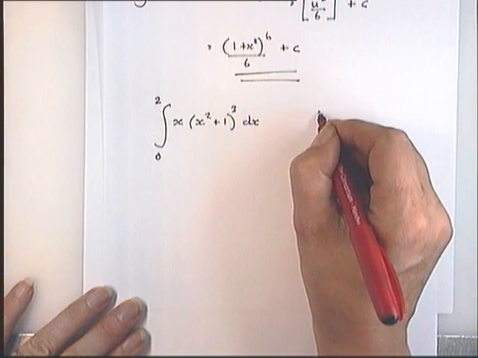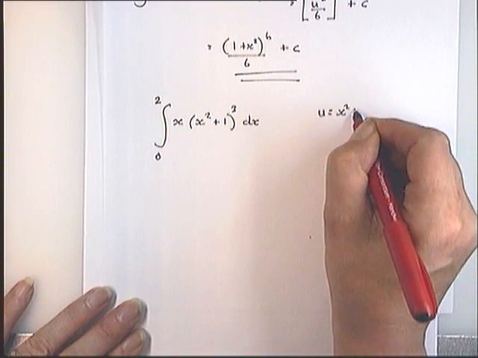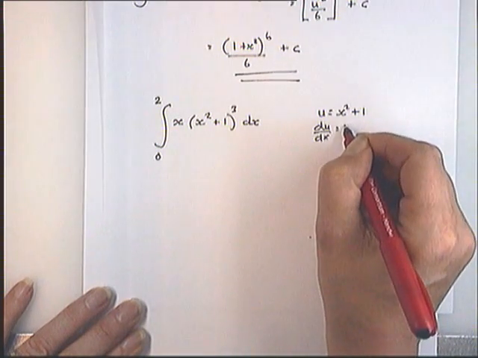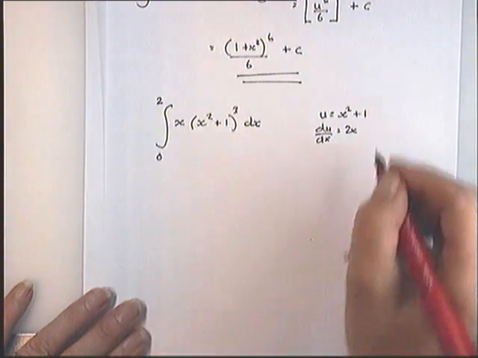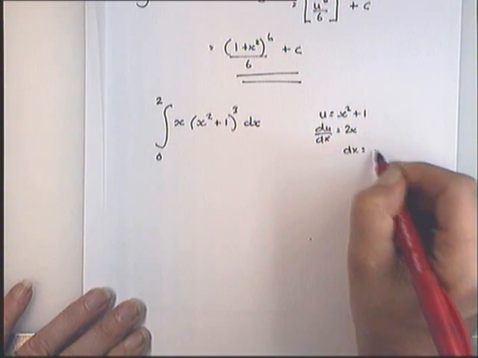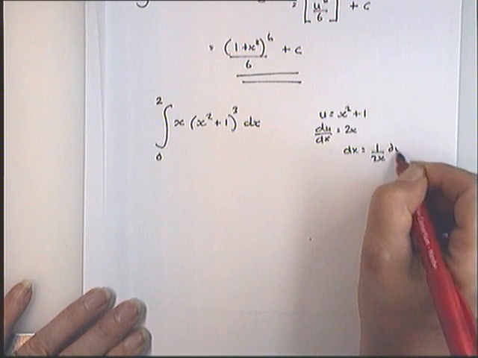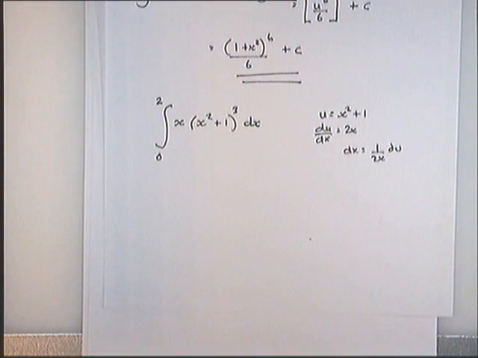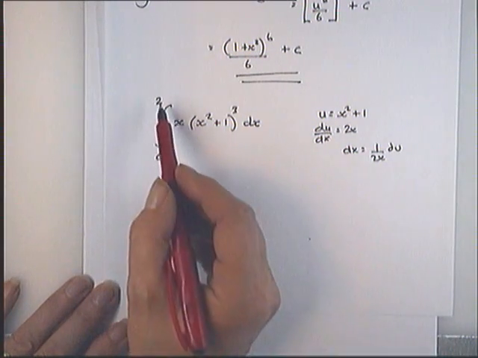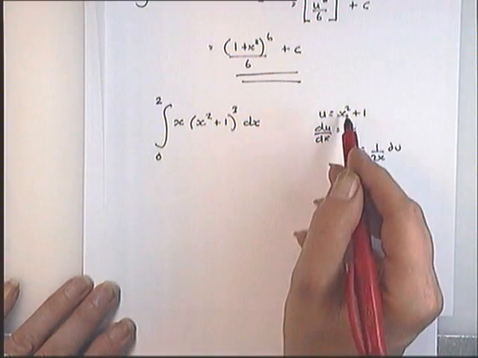Like the other example, u becomes x squared plus 1, du by dx is 2x, therefore dx can be written as 1 over 2x du. Just before I substitute, I'm going to substitute for these x values as well.